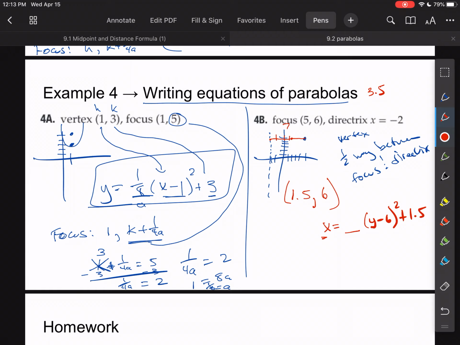So to find a, I can do what I did last time. Just to keep this all clear, since our focus is here and this thing is opening to the right, I know the equation for the focus is going to be the one that's up here.